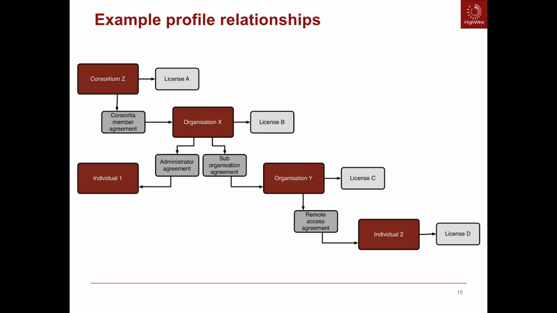That organization may have a sub-organization, and there are individuals that belong to both of those organizations that will get access through licenses that they have purchased themselves, and also through agreements that they have with the hierarchical relationship that is defined within SAMS Sigma. Don't need to take that in now. We will write up who gets access to what for this slide and provide it to you.